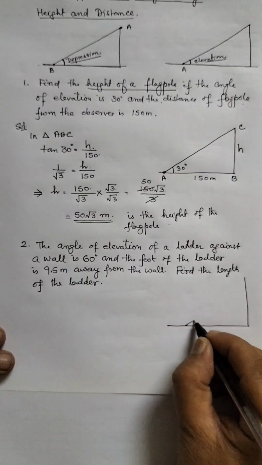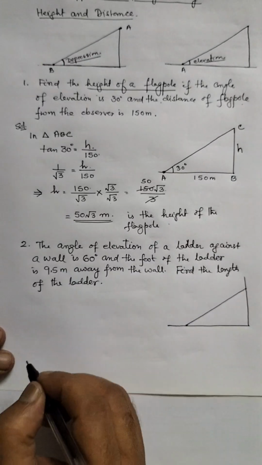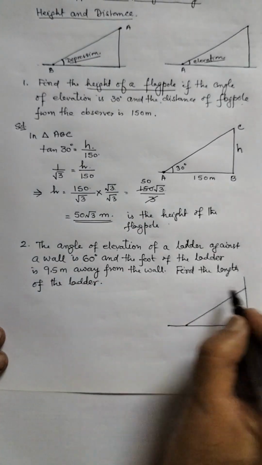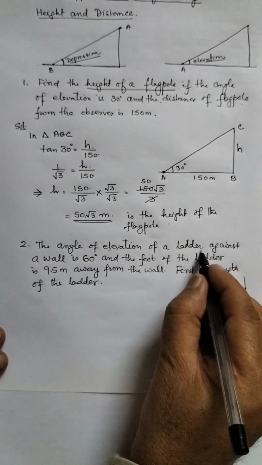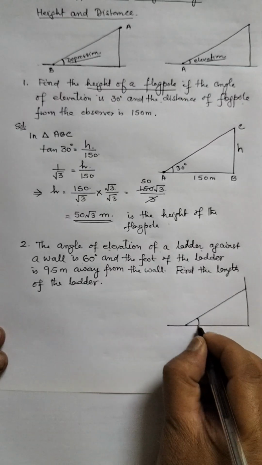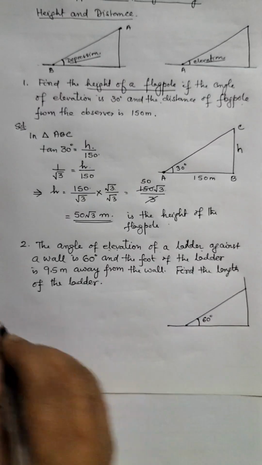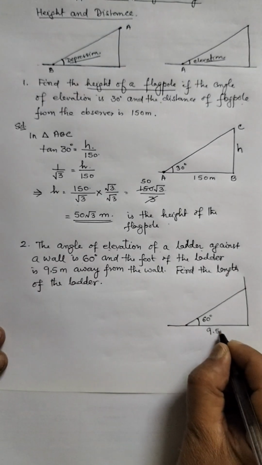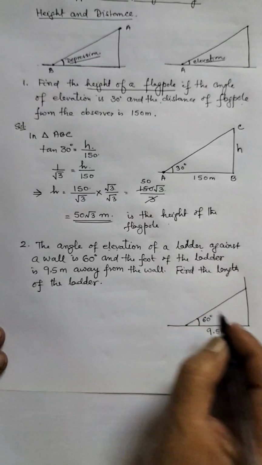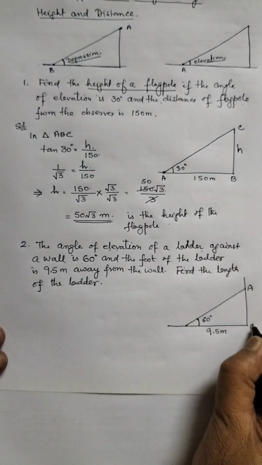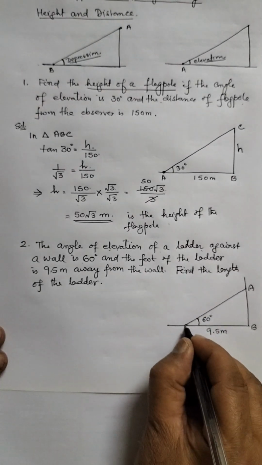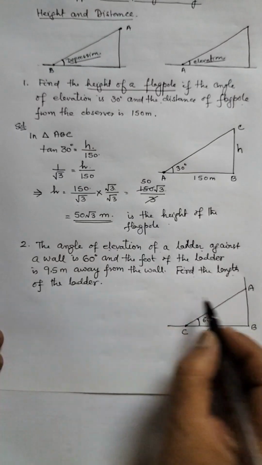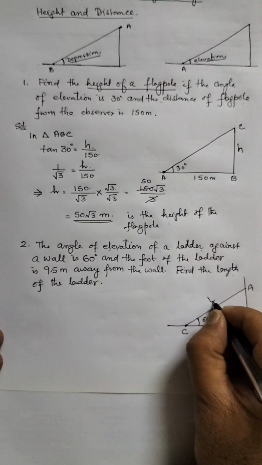A ladder is supposed to lie against the wall, and it says the angle of elevation of the ladder, this angle, is 60 degree, and the foot of the ladder is 9.5 meters away from the wall. Suppose AB is the wall and this is the foot of the ladder C, right? So what we have to find out? We have to find the length of the ladder. Suppose the length of the ladder is L.